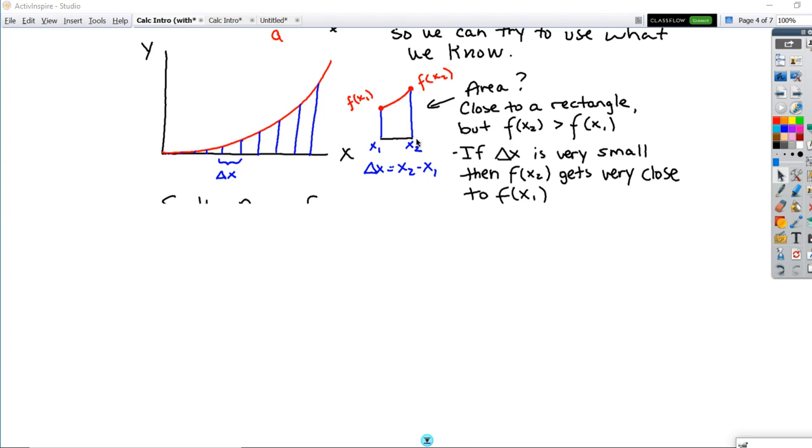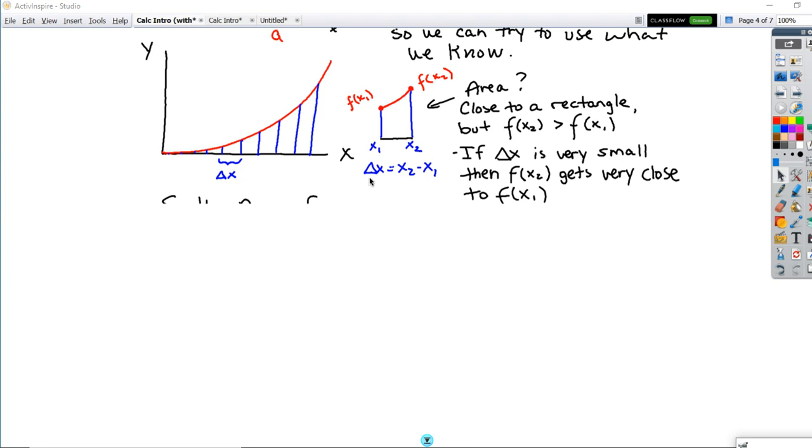So if we just take one of those slices, let's say from this value x1 to x2, whose difference is what our delta x is, this is close to being a rectangle, except for the fact that it's not. That's because the height of this line is different than the height of this line.